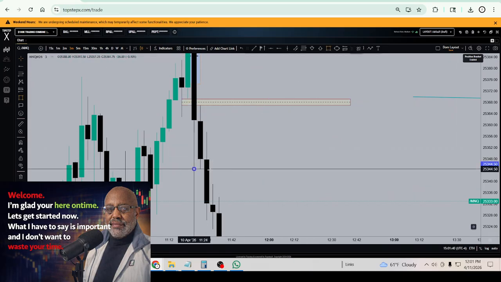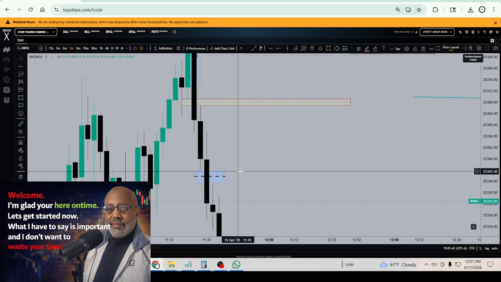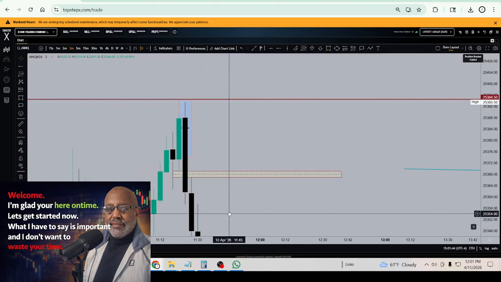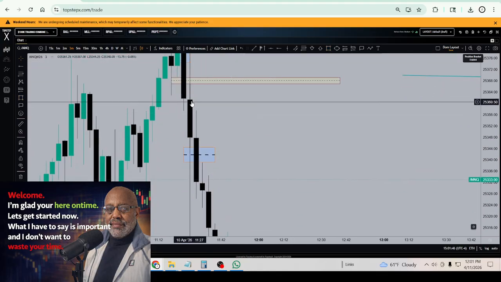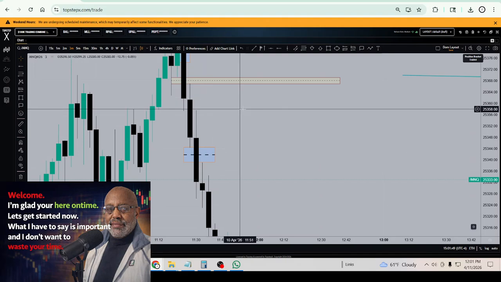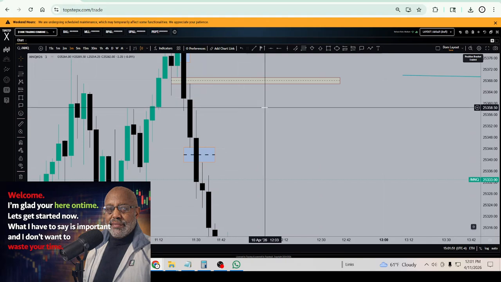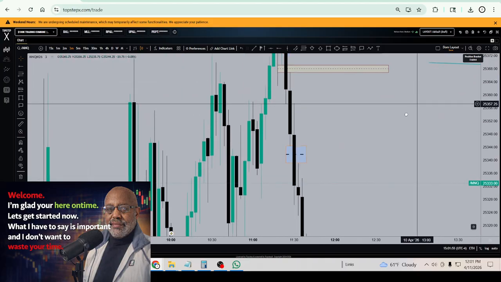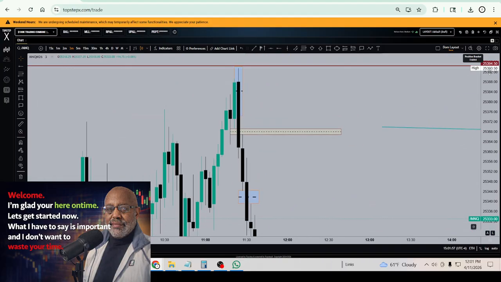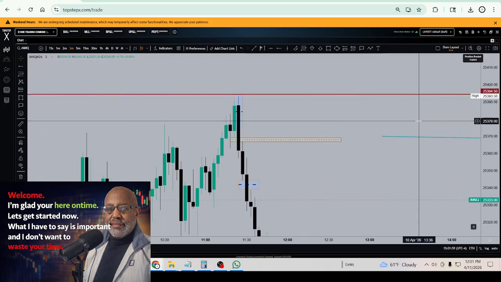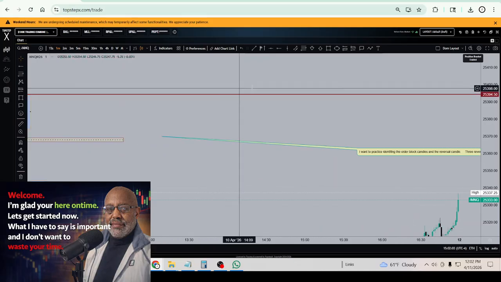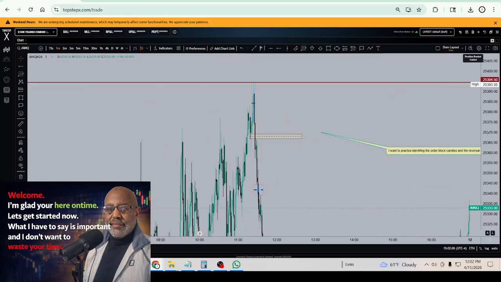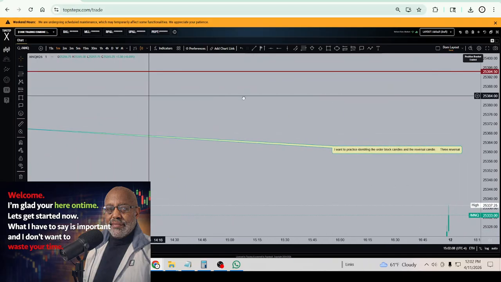But if you're on a higher time frame and you try to use the fair value gap strategy and it doesn't form right away, or it moved too quick and you didn't identify it, that's where a lot of confusion is for a lot of traders. So one way to get some more clarity, that is to say a better understanding, is to learn how to identify the different forms of reversal candles.